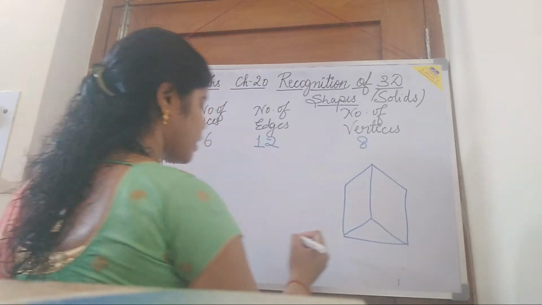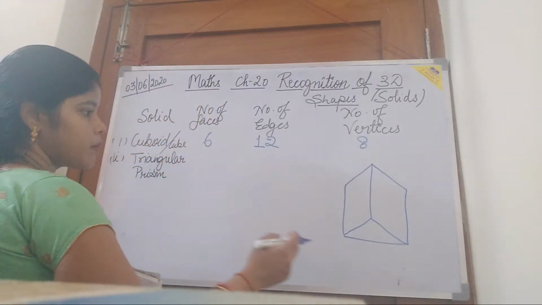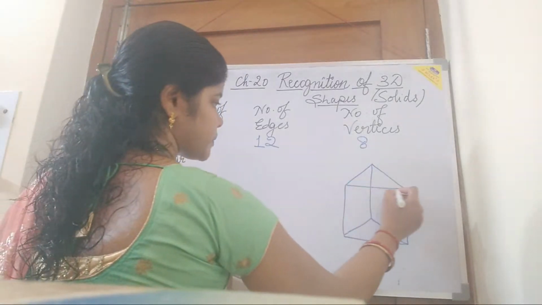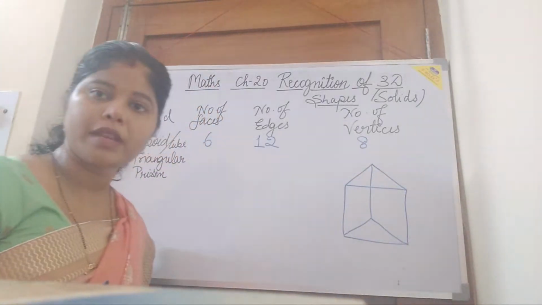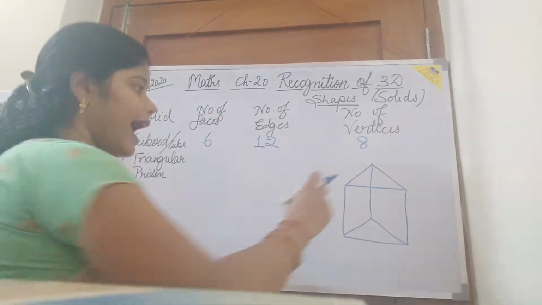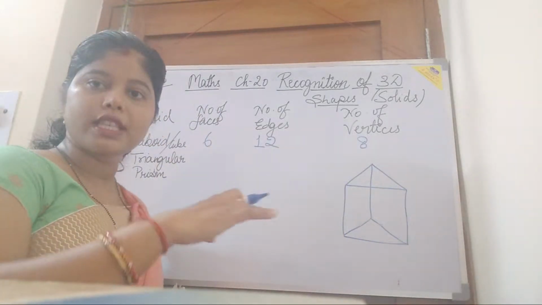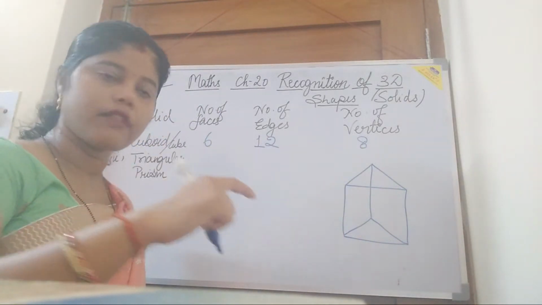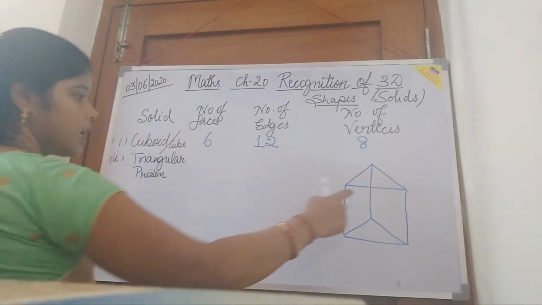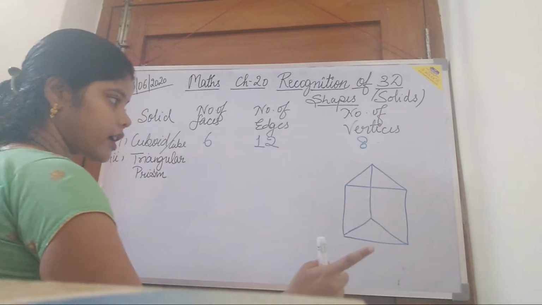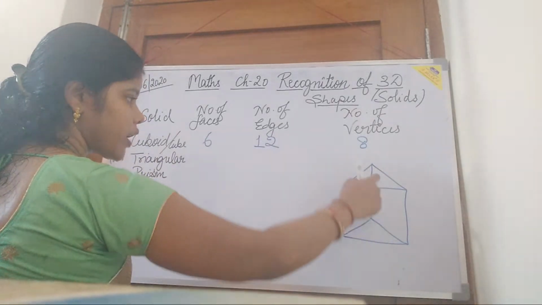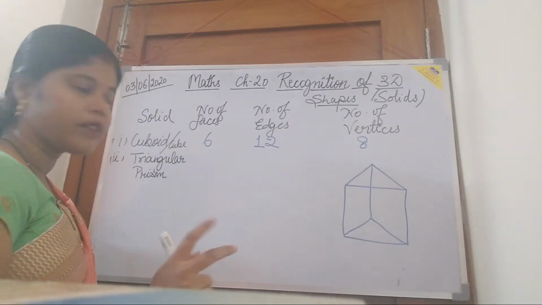This one is your triangular prism. So in the triangular prism, top and bottom are in triangle form, and the rest of the faces are in rectangle form. So how many faces? 3 rectangular and 2 triangular. So how many faces? 5.